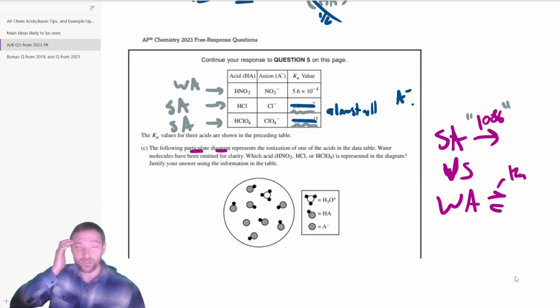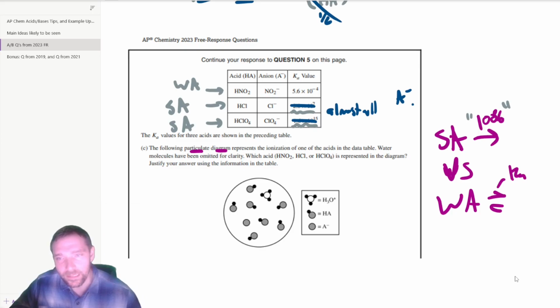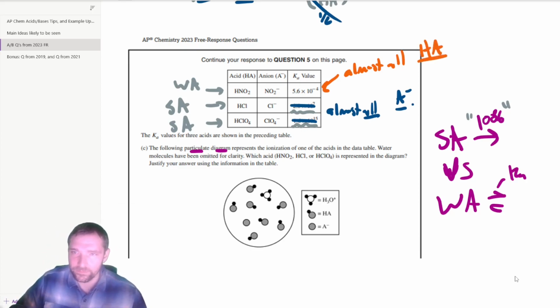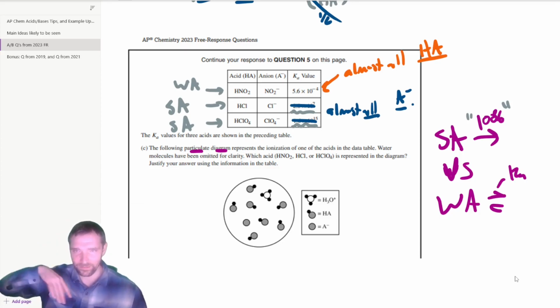Like you might show 1 HA still left, but it's going to be pretty much all A minus for those. Whereas if you're talking about a weak acid here, it's going to be almost all this HA. So it's going to dissociate a bit. It's going to give off some acid, but not very much.